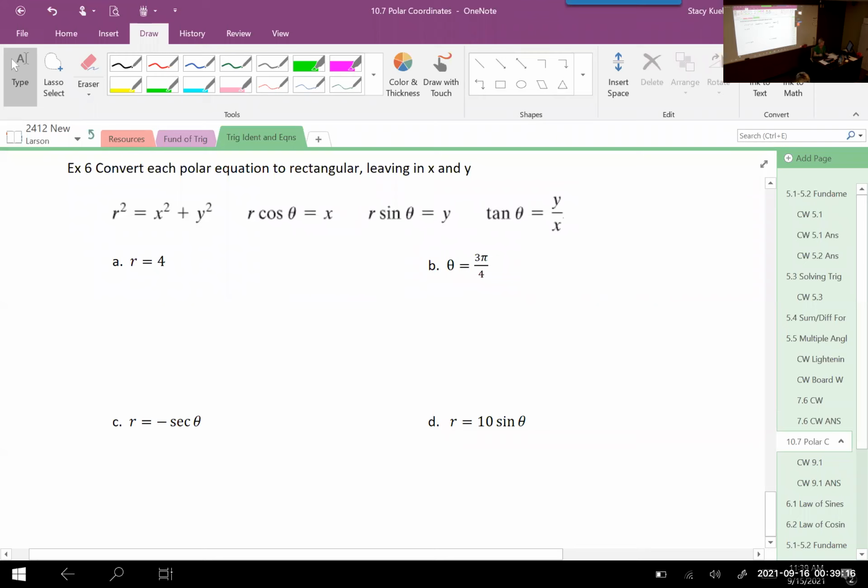So this says r is equal to 4. For this one, remember that we've got to take what we have and turn it into x's and y's. All I have is an r here. So what I'm going to do is square both sides.